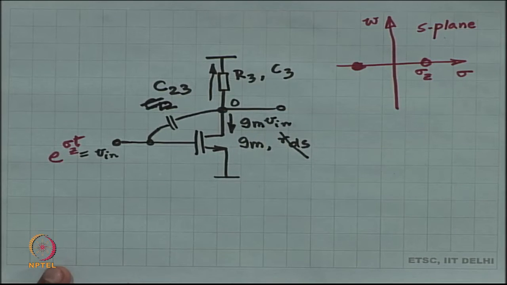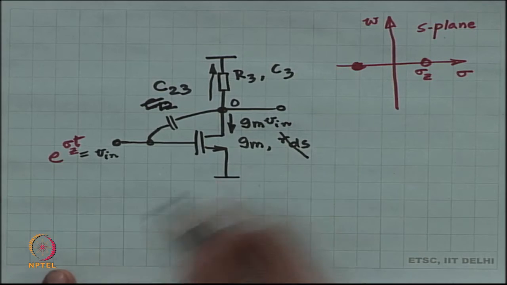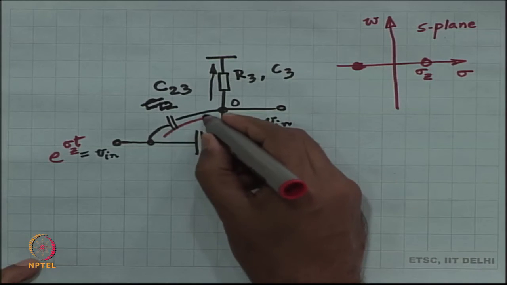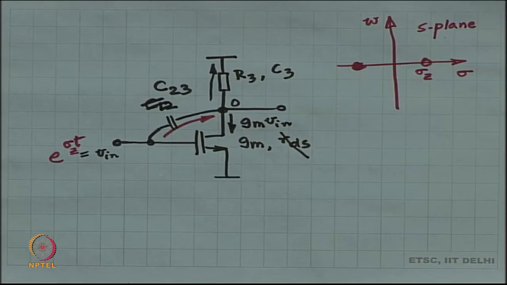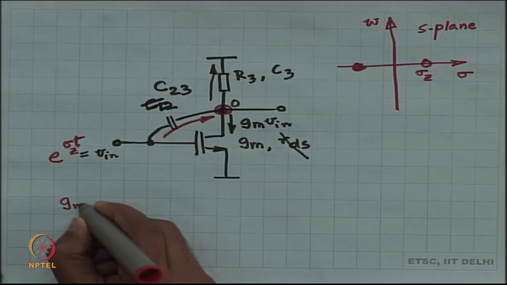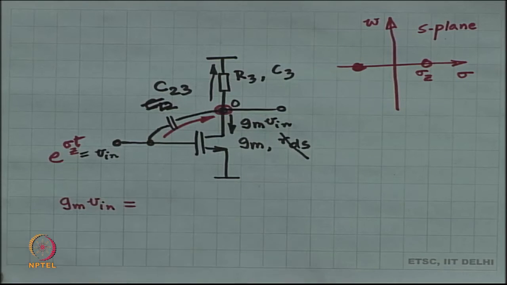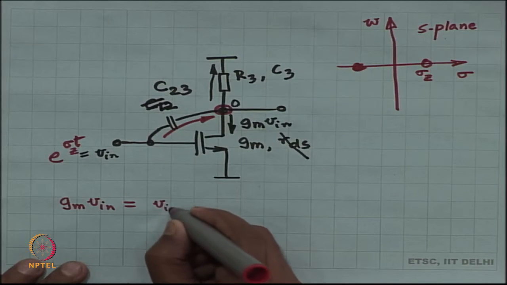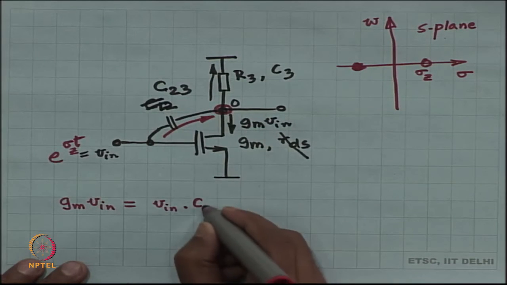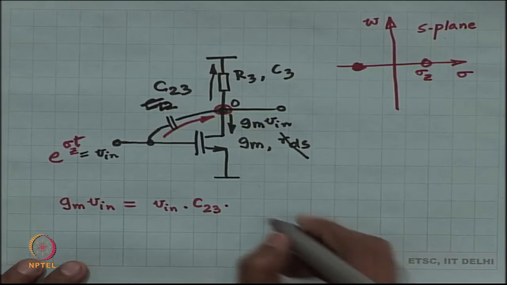And where is this current going to come from? All the other currents are 0, it has to come through the capacitor, there is no other exit way for it. So, if you do a quick KCL, now you have got G m times V in is equal to C 23 dV by dt.